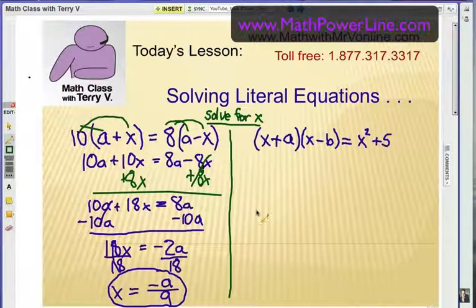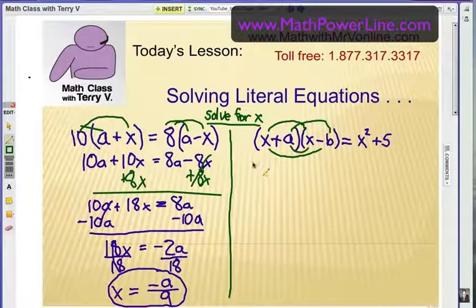All right, here we have two binomials, x plus a, x minus b, being multiplied there, and it equals x squared plus 5. Again, the goal is solve for x or make x the subject. So, as I said before, we're going to get rid of these parentheses. In this case, it's going to be the FOIL method. All right, we got to multiply a binomial times a binomial. So here we go.